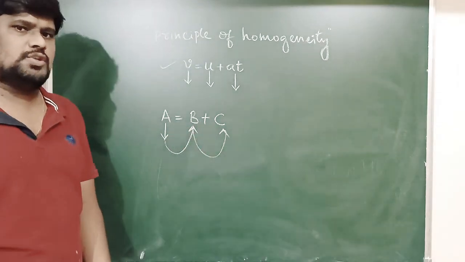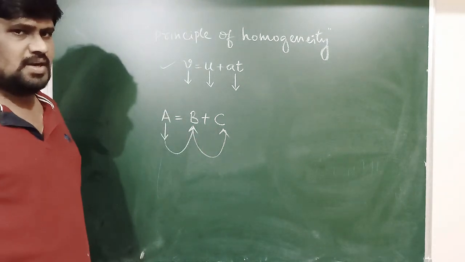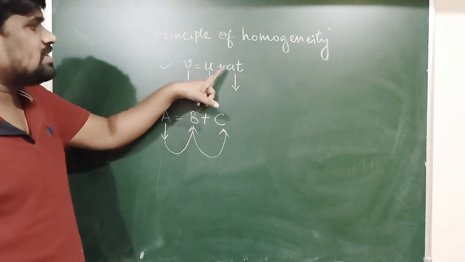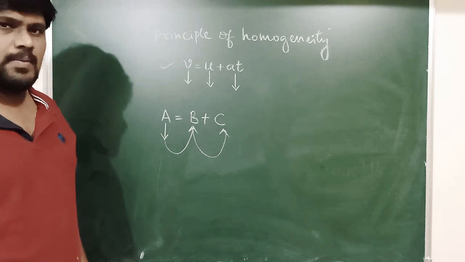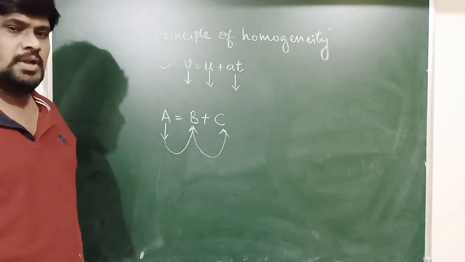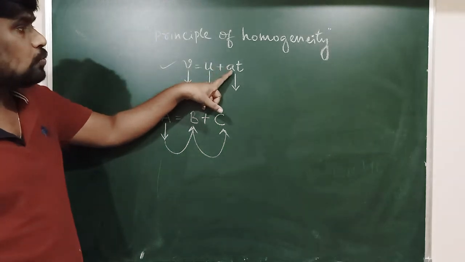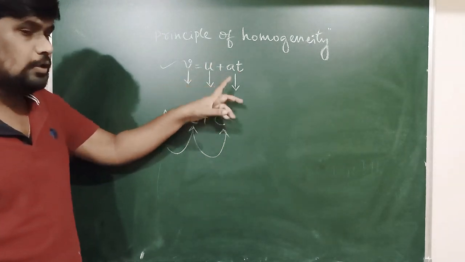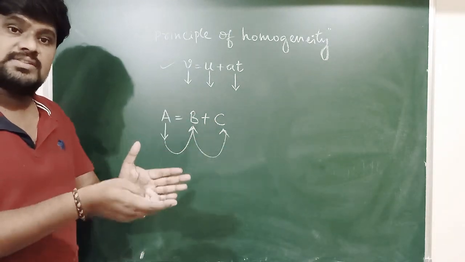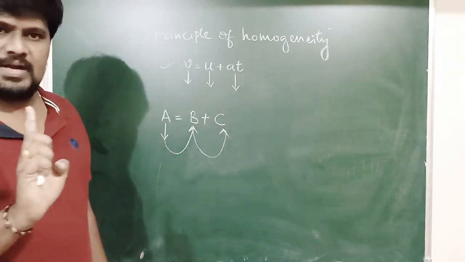Which equation? V is equals to U plus AT is dimensionally correct. Now first point: U is added to AT. When is it possible to add? Dimensions of U should be equals to dimensions of AT. Only because U and AT have the same dimensions have you added U to AT.